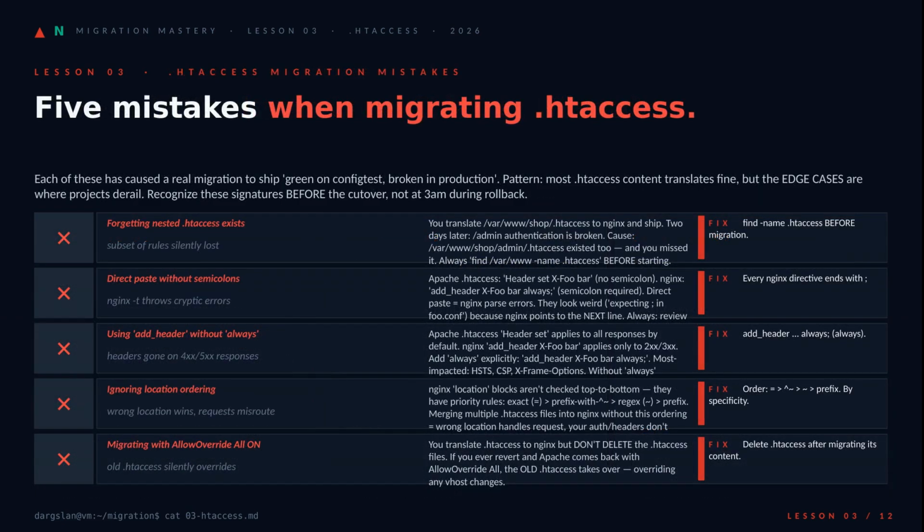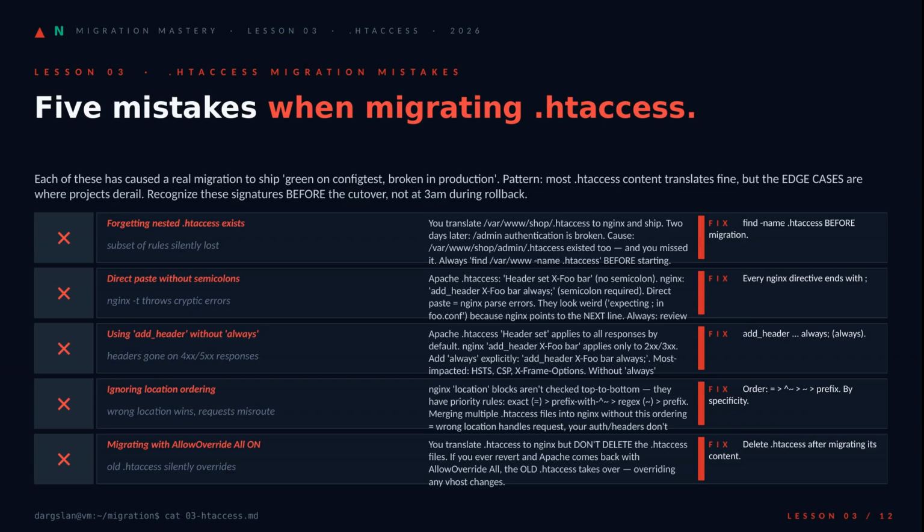Once you've drilled the framework, here are the 5 mistakes that still bite people in production. Forgetting nested .htaccess files. Run find before you start, or admin auth dies 2 days later. Direct pasting without semicolons. Nginx will throw cryptic errors pointing at the wrong line.